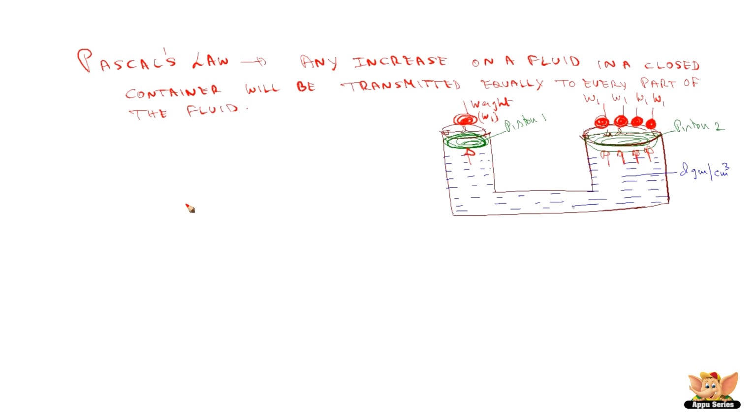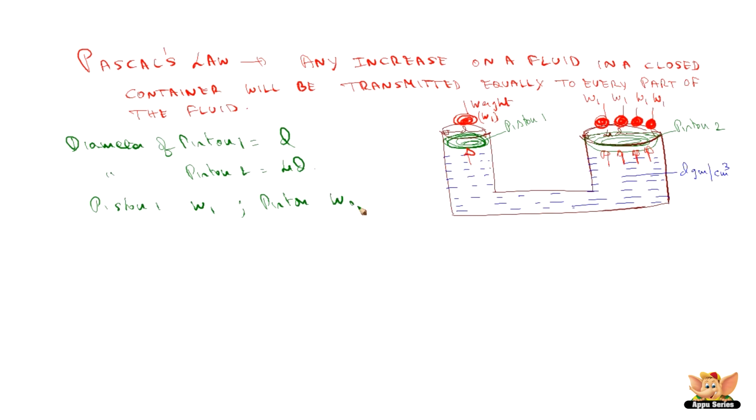So, in this example, the diameter of piston 1 is small d, whereas the diameter of piston 2 is 4 times d. So, for equilibrium, if we put W1 weight on piston 1, then on piston 2, we need to put W2 weight. Why? Because any increase of pressure on a fluid in a closed container will be transmitted equally to every part of the fluid.